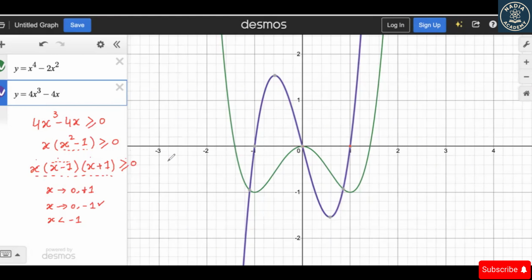Then it means that our gradient is negative, as you can also see here in the graph, and we will have a decreasing function. Okay, and for x greater than positive 1, we will have all positive values, and this inequality is true, and we have an increasing function over there.